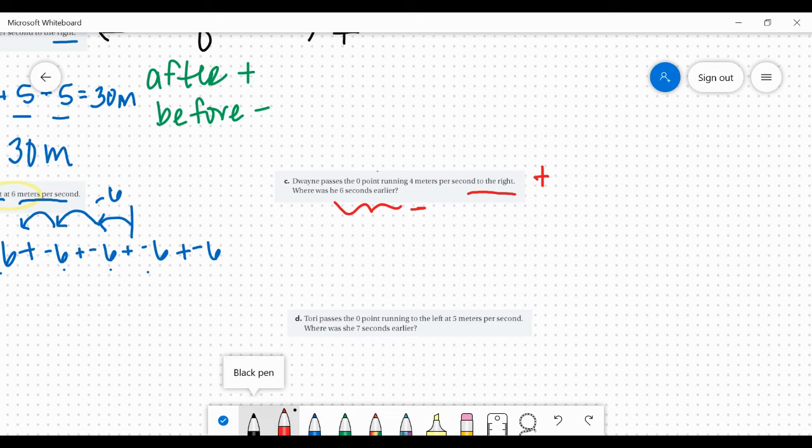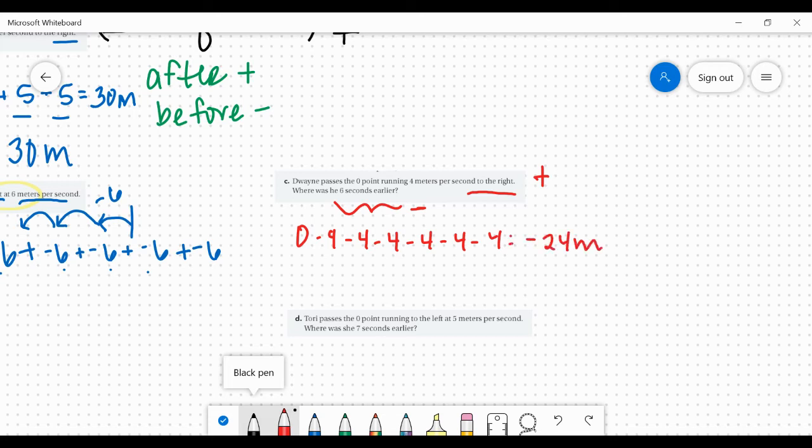Technically that could be 0 minus 4 minus 4 minus 4 minus 4 minus 4 and minus 4. 1, 2, 3, 4, 5, 6. Double checking. Okay, and this would put me at negative 24 meters.